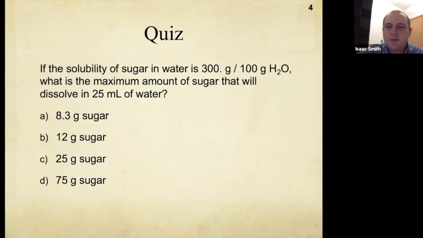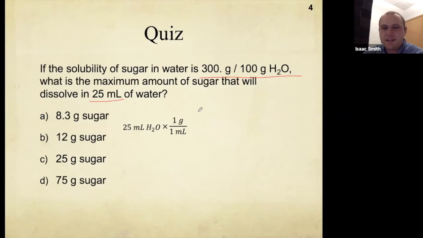All right, so this should be very similar to what we just went through. A little simpler because it starts in terms of milliliters. So if we look at the solubility that we're given, it's in terms of grams per grams of water. So we need to convert our milliliters into grams.